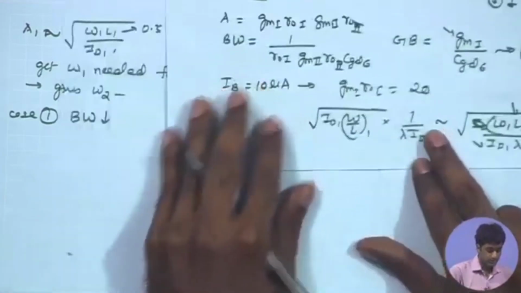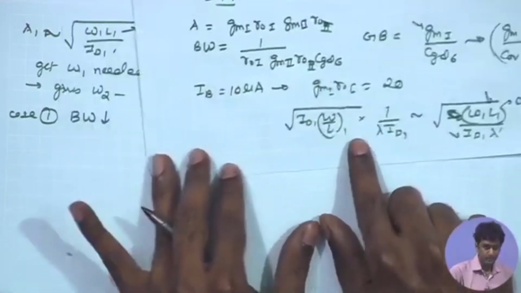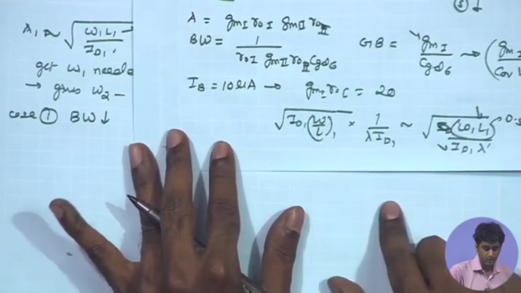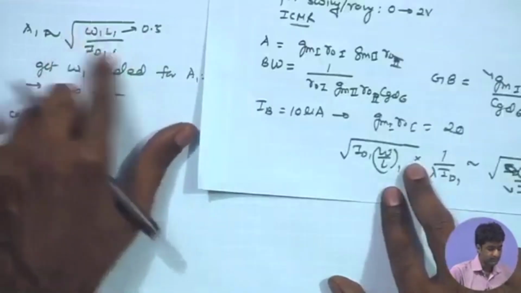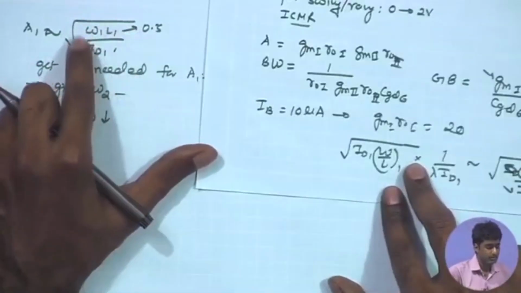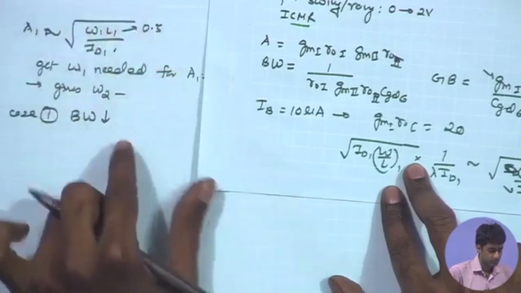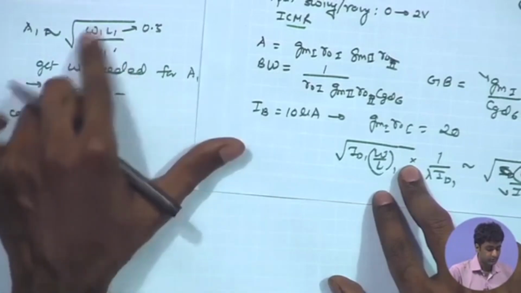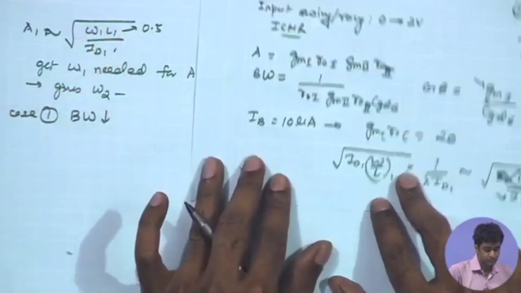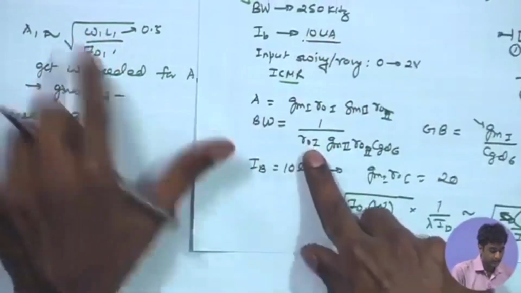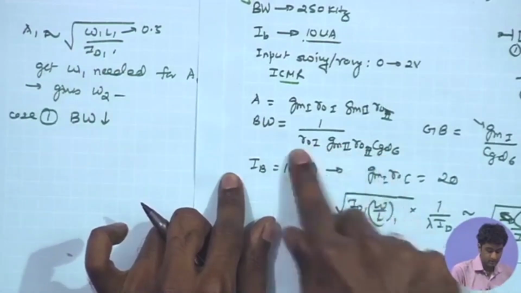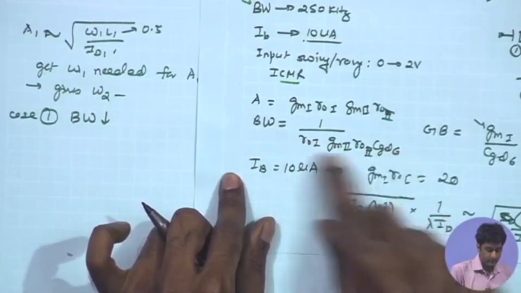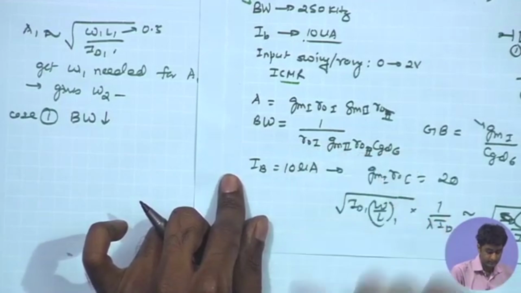In that case I would like to keep the gain as it is, while I increase the overall bandwidth. If this is the quantity on which my gain depends, and I have to increase the overall bandwidth while keeping the gain constant, I would like to keep this ratio almost similar, while I go back and look at the bandwidth equation and try to increase this quantity.